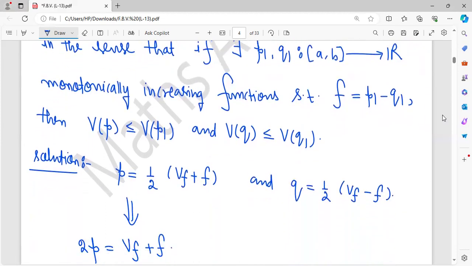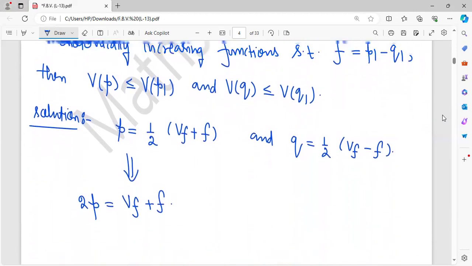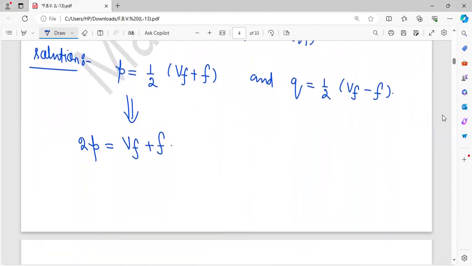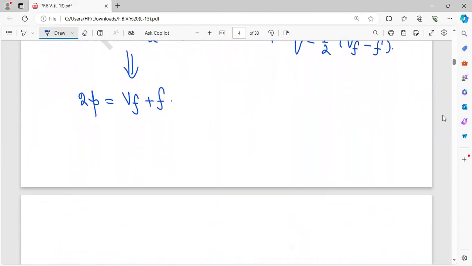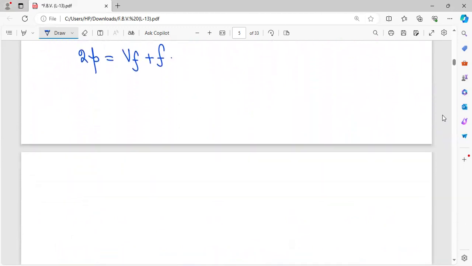So I know that P is 1 by 2 (Vf plus f) and Q is 1 by 2 (Vf minus f). So I can take 2 here: 2P is equal to Vf plus f. Now, what is 2P(x)? This is nothing but Vf(x) plus f(x).